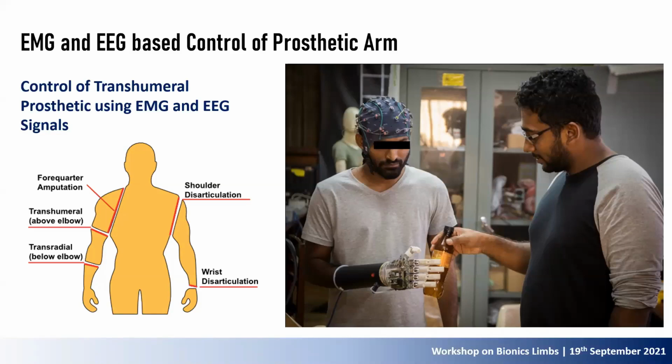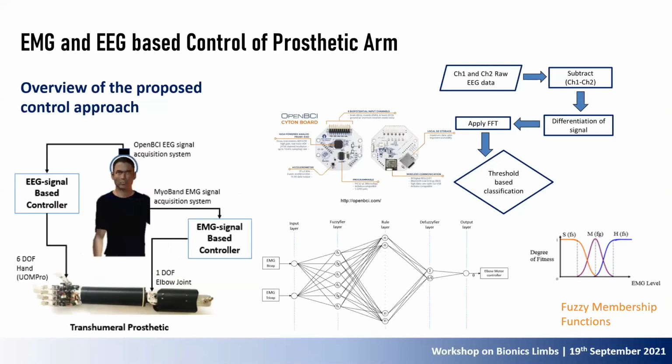To cope with that, we propose a method to control the prosthetic hand, in this case Pro, using EEG signals. This figure shows an overview of the control approach.